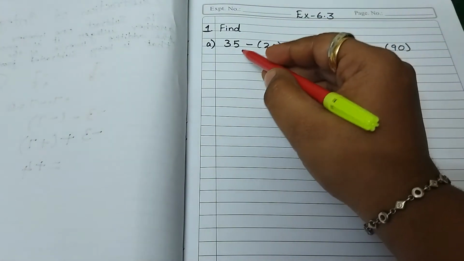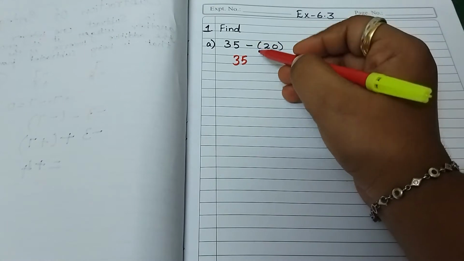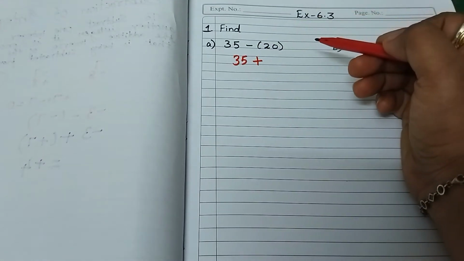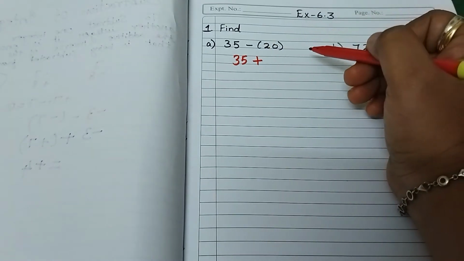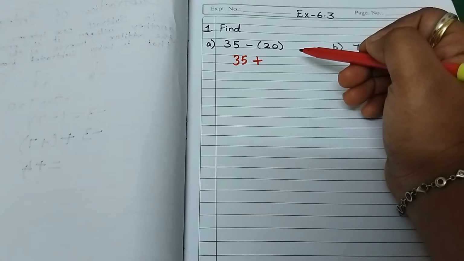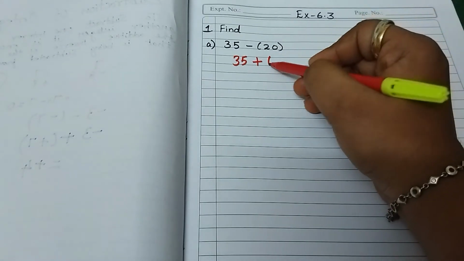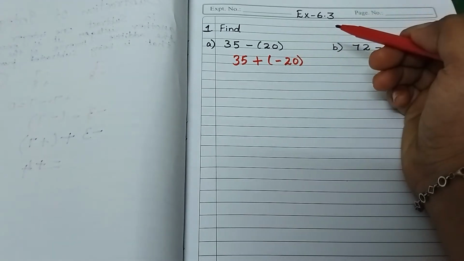Now, 35 I write as it is. Then the subtraction symbol is changed to an addition symbol. If you see, no symbol is in front of the number, so what sign is there? It is plus. So plus 20. What is the additive inverse of plus 20? It is minus 20.